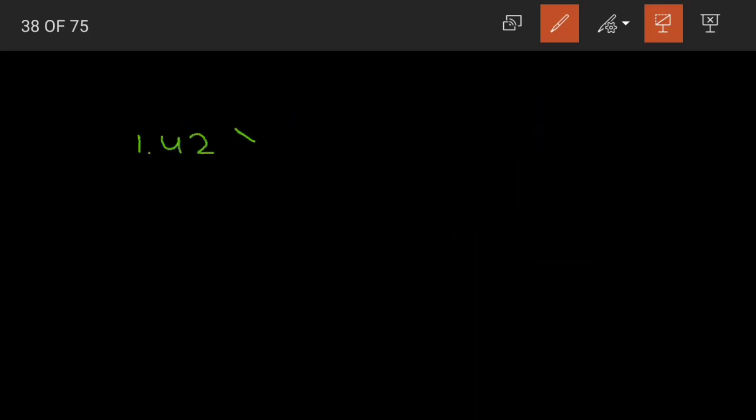Take the same number 1.42. When it is multiplied by 1000, how many digits should the point move, children? 1, 2, 3. 1000 is having 3 zeros. So the point will move 3 places to the right. 1, 2 and 3. But here there is no third digit.